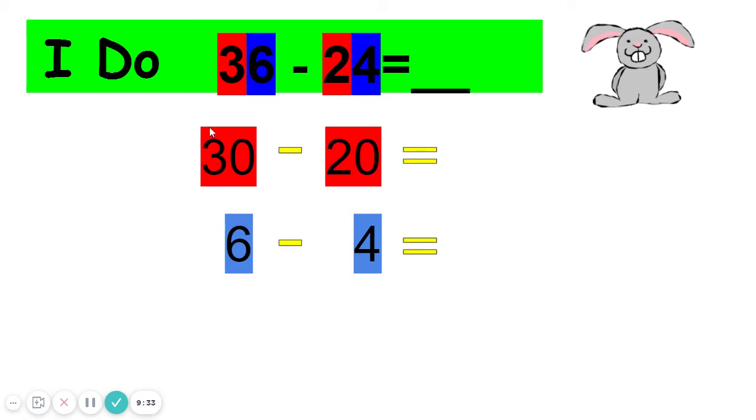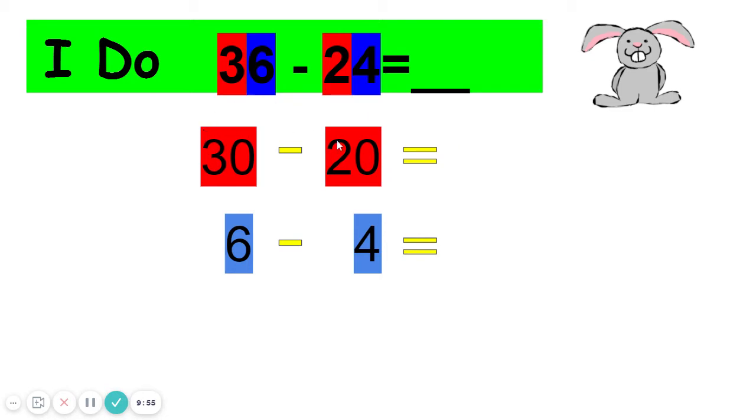So here I am. I've got my minuend, 30. Subtract, need to make sure I perform the right operation. 20 is my subtrahend. So 30, take away or subtract 20 equals, yes, I know that 3 minus 2 would leave me 1.